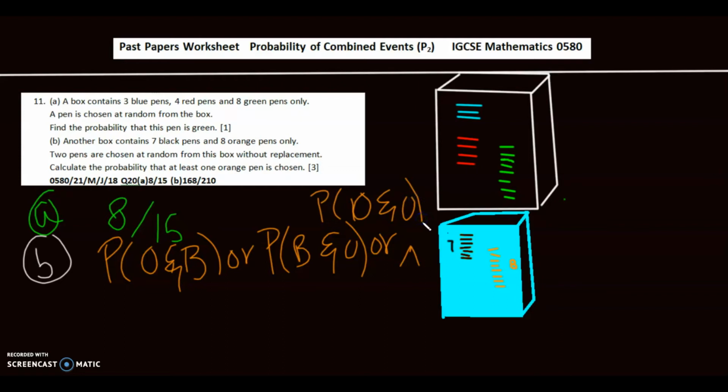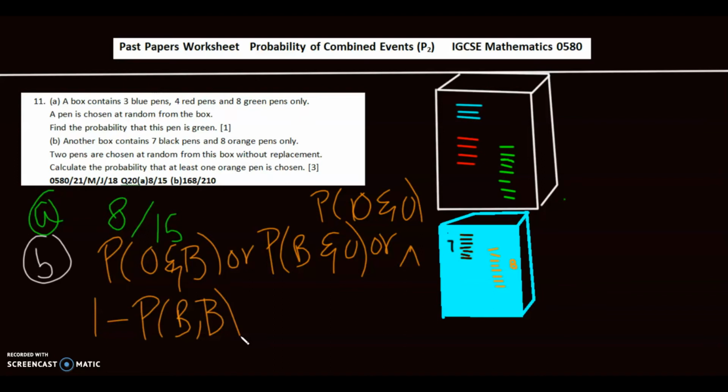So either we find all three of these probabilities and add them, or a better way to do this is find 1 minus probability of black, because the only case that is not allowed here is that both the pens are black.